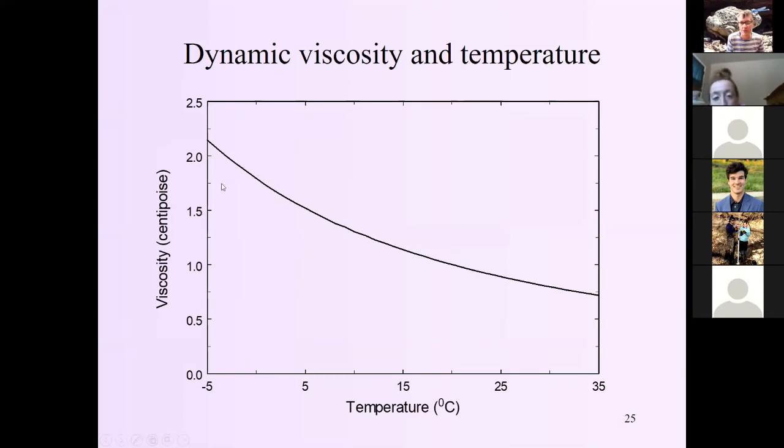So it's almost twice as high when the water's cold than when it's warm. That means when you are a fish you need to expend much more energy to move through the fluid when it's cold than when it's warm. So what do most fish do around here in the winter?